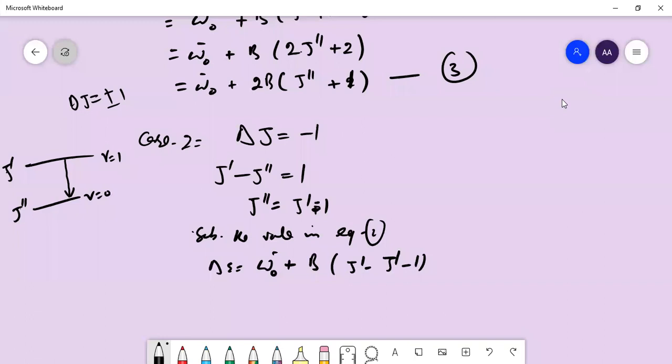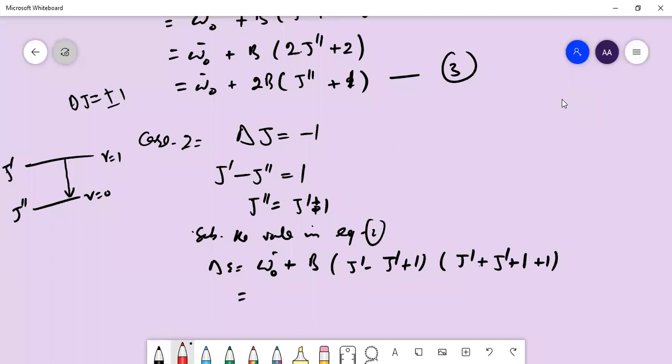Here it is minus. Again, our second term, J dash plus J double dash: in place of J double dash I will write J dash minus 1, and it is plus 1, and plus 1 again.